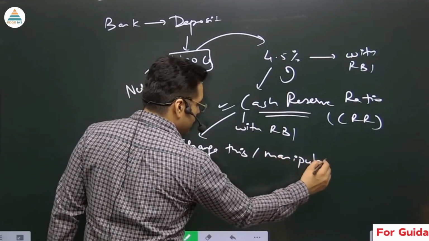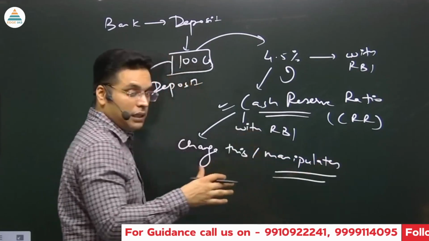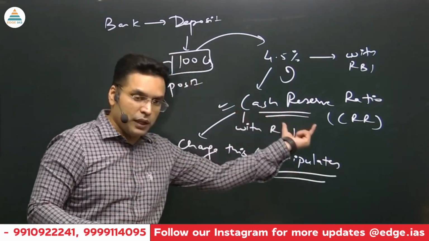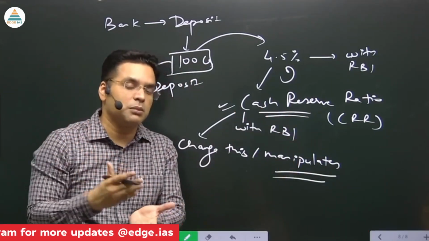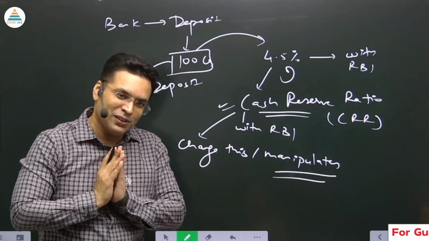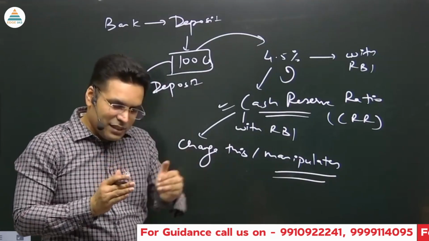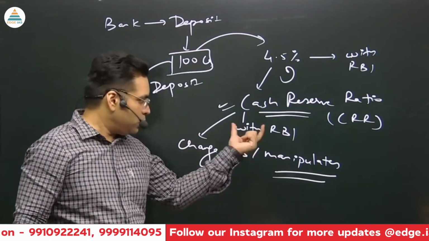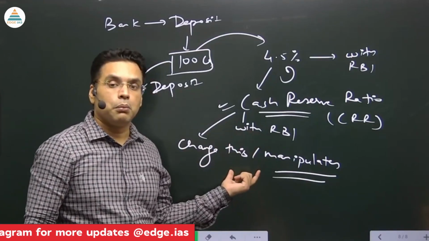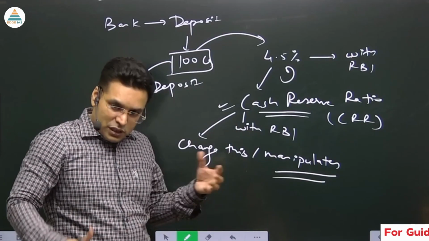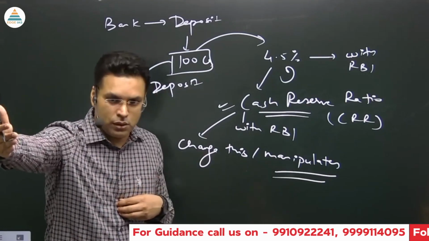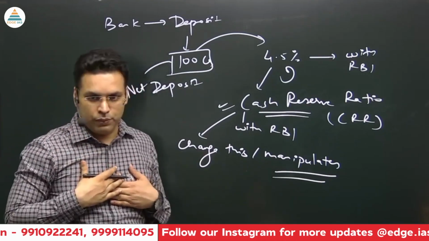Let's say RBI increases CRR, it means the bank will have less money. If RBI decreases it, banks will have more money. So this will change the money multiplier, because if the bank has less money, it cannot give loans. If the bank has more money, it will give more loans.